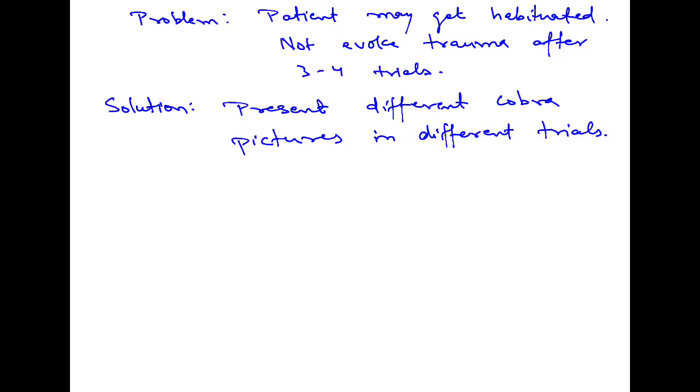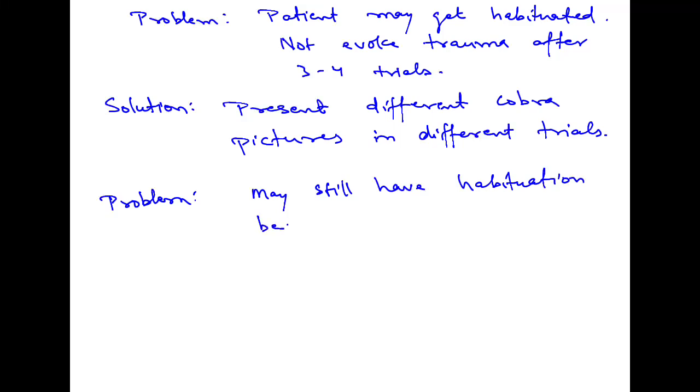So how do you solve for this? The only way is to find different people. I mean, we are looking at one person right now. Because all the pictures have cobras.